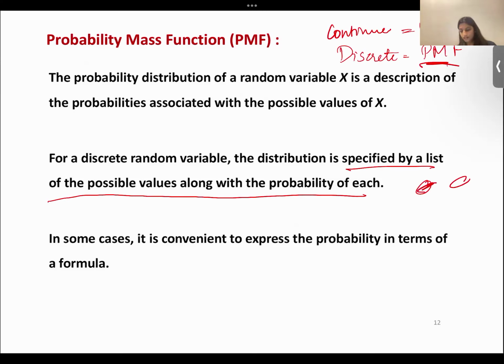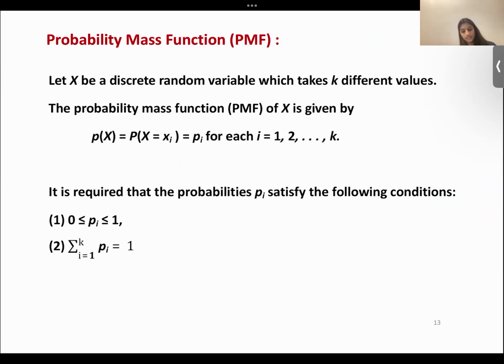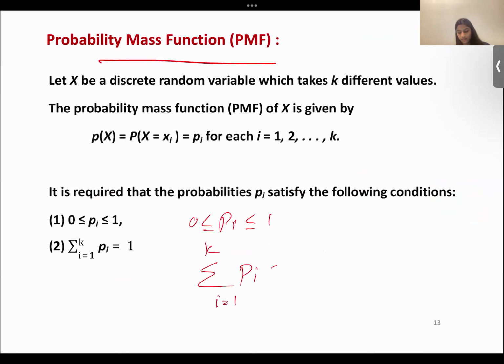So it gives you the value and the probability of getting that particular value. It is convenient to express the probability in terms of this formula. This is how you define a probability mass function. It ranges between 0 and 1, and the summation over all values, 1 to k, is 1.